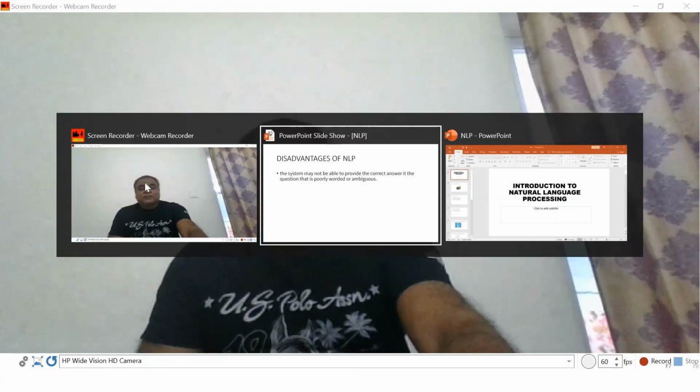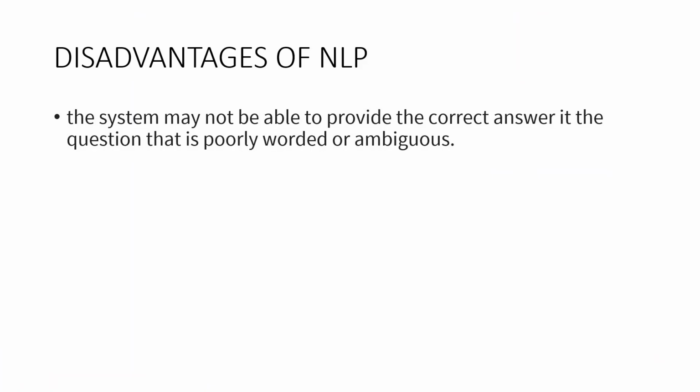Another one, an NLP system doesn't have a user interface, which lacks features that allow users to further interact with the system. NLP is unpredictable. Another day, NLP may not show context. So these are all the disadvantages of NLP. That's all about natural language processing.